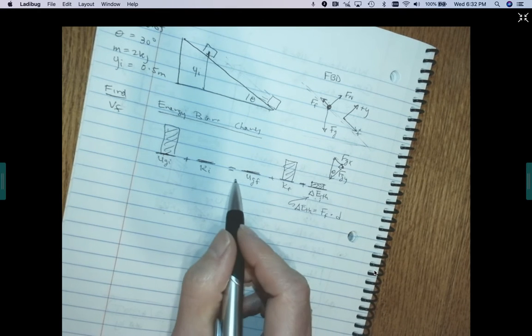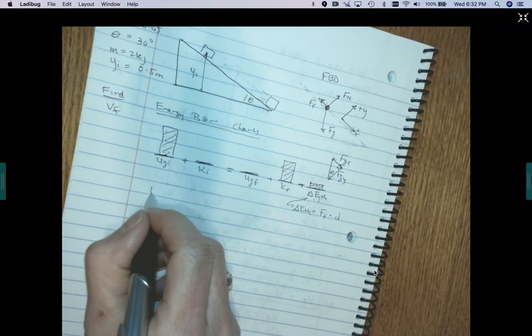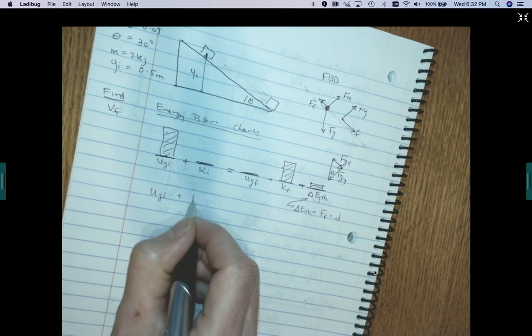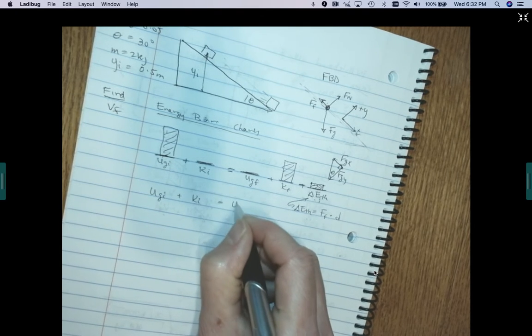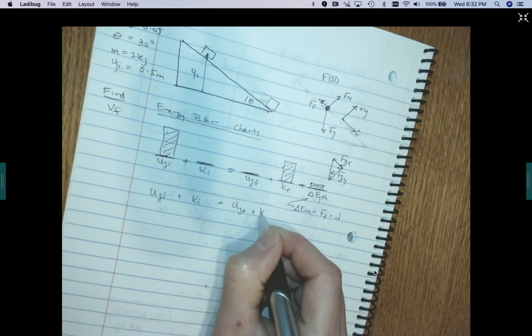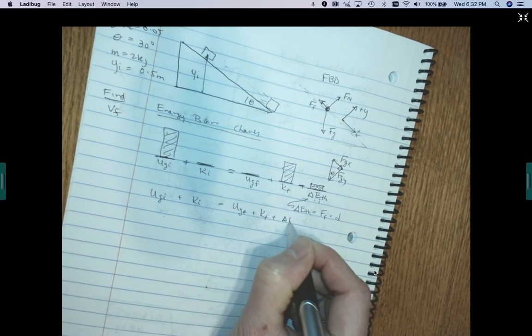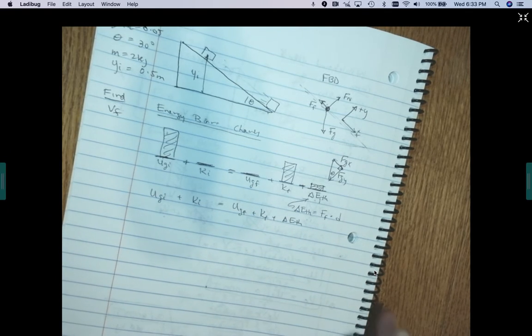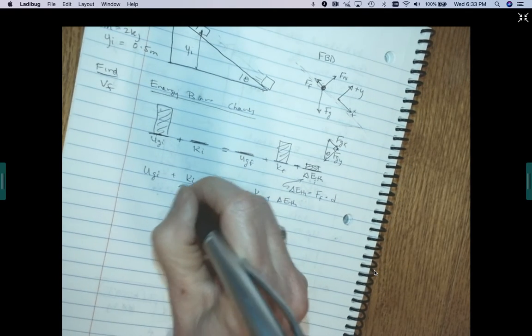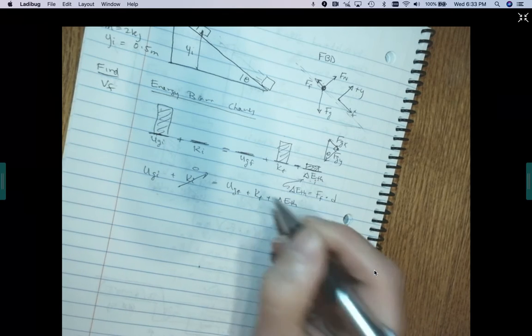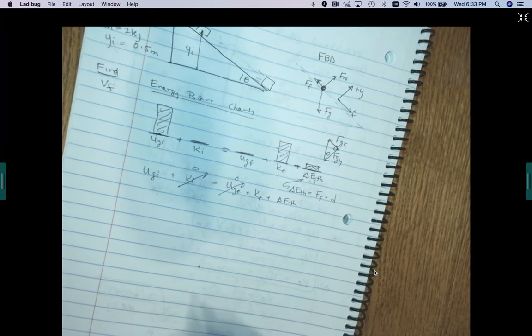Okay, so let's write out our conservation of energy equation. So we have UG initial plus K initial equals UG final plus K final plus delta E thermal. And then right away we'll get rid of things that we know are 0. Starting from rest, there's no kinetic energy. It ends at the ground, so there's no potential at the end.